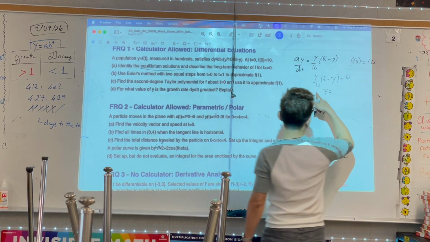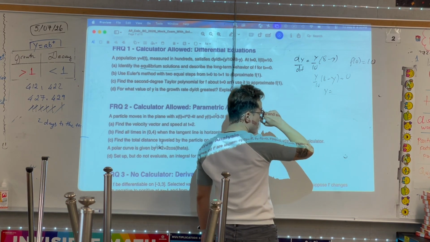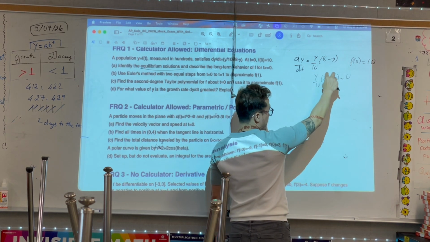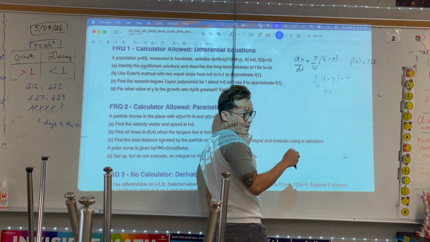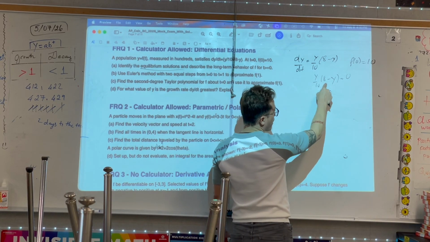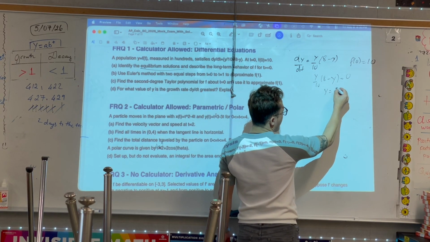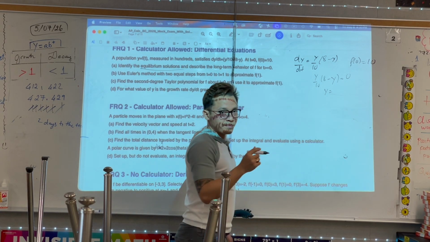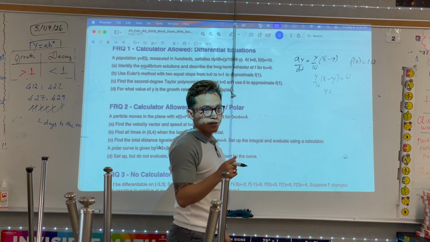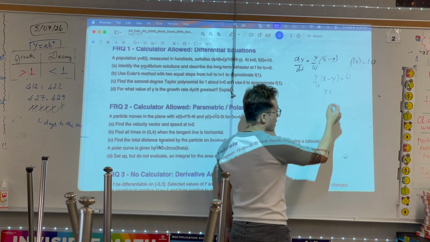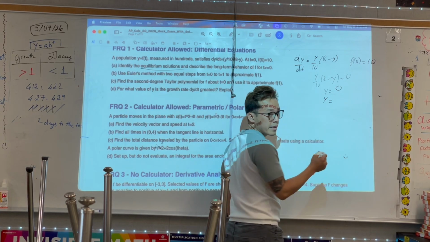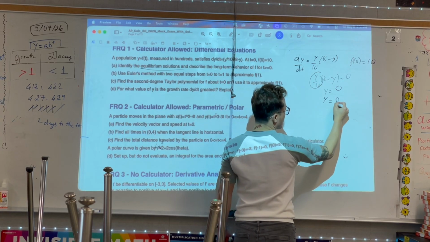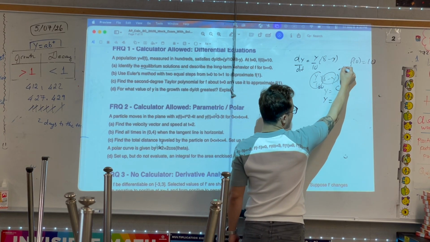y over 10 times 8 minus y. I want the whole thing equal to 0, that means each factor needs to be equal to 0. This equal to 0 or this equal to 0. So y equals 0, and y equals 8.